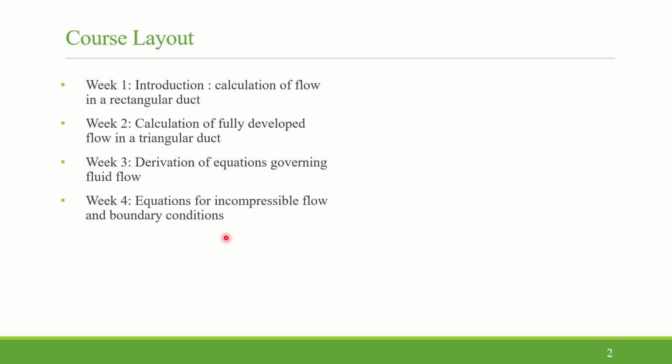And in week 4 it is about equations for incompressible flow and boundary conditions. As I mentioned, when we are dealing with a flow system, we solve the equations, but we will be giving certain initial values and certain boundary values. For example, let us consider a pipe flow, water flowing in a pipe.